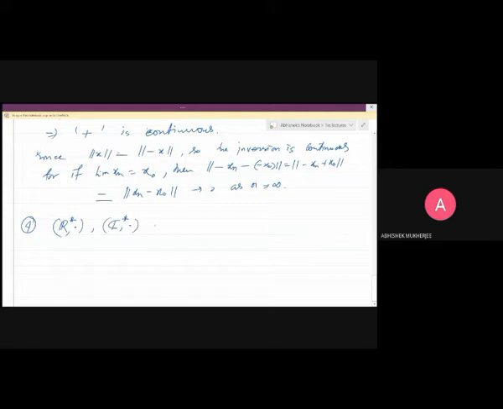And then you will see that these groups are topological groups with respect to the usual topology defined on the respective groups. Okay, this is very easy to show.